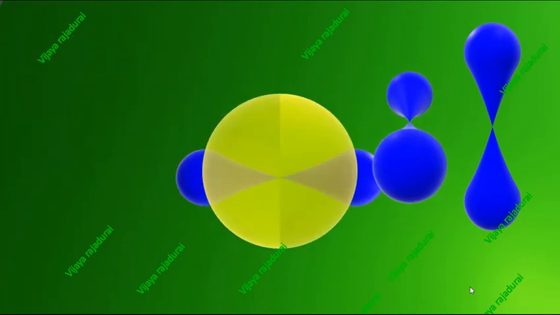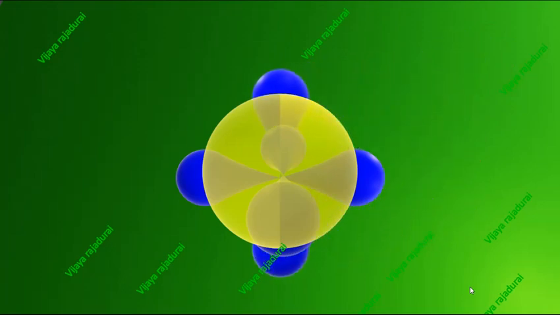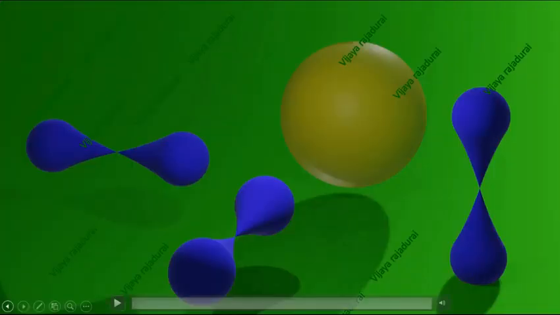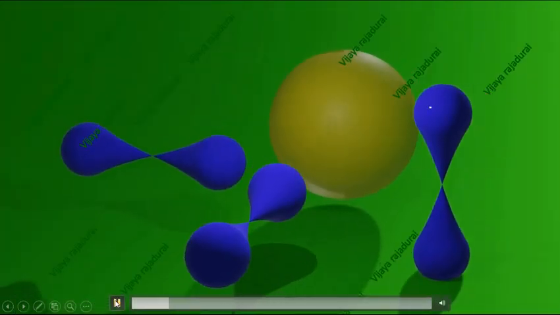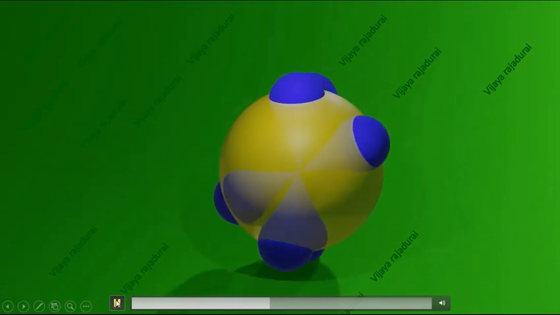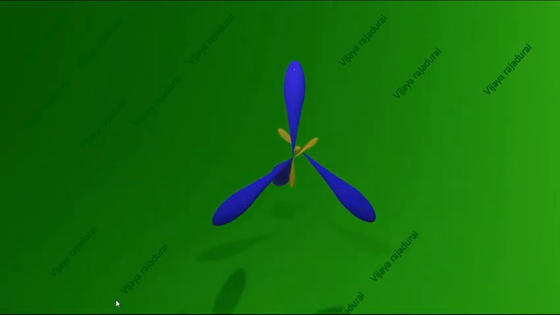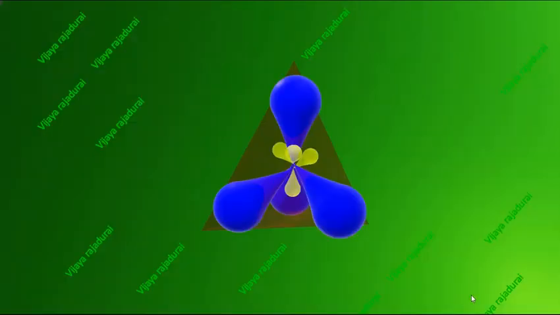Here you can see a mixing of s, px, py and pz orbitals. Here you can see clearly the formation of sp3 hybridized orbitals of carbon atom. This is the 3D dimension of sp3 hybridized carbon atom.